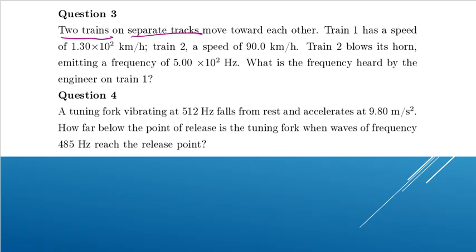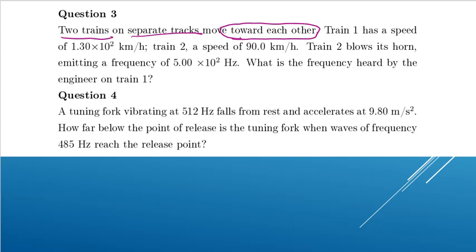Now, this particular statement is very important. Remember what I was teaching? This particular statement here is very important. They move toward each other. Train 1 has a speed of 130 kilometers per hour.